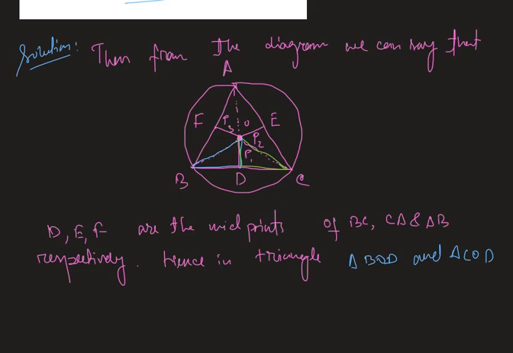we can say that first of all angle BDO is equal to angle CDO is equal to 90 degrees. BD is equal to DC, as D is the midpoint of BC.